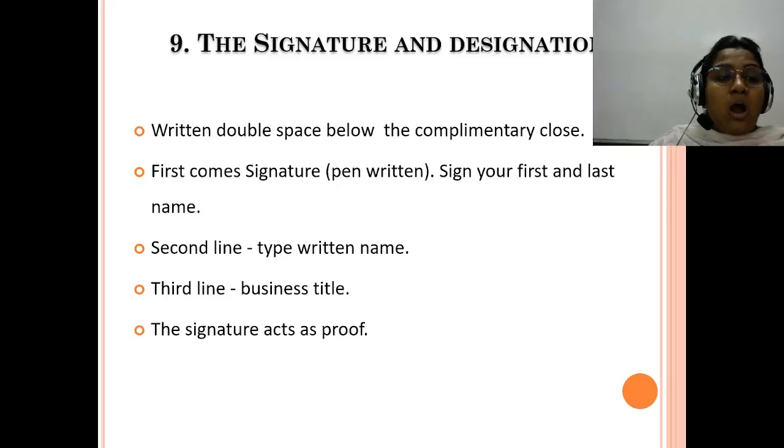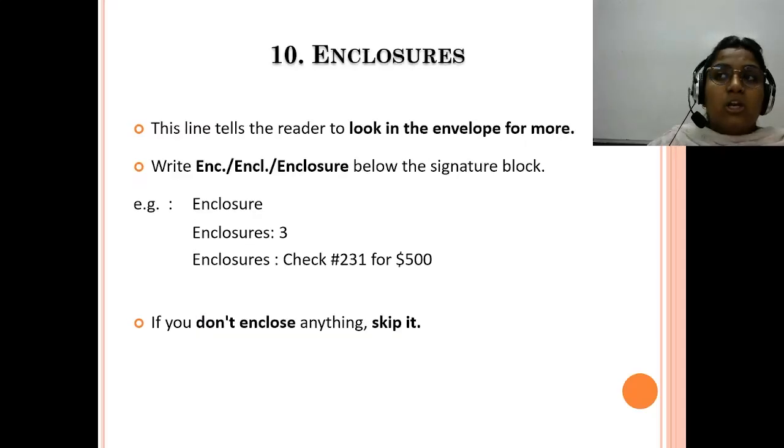If you are including any additional documents pertaining to the letter, make a list of those enclosures. Basically, what they call enclosure comes after your signature and name.